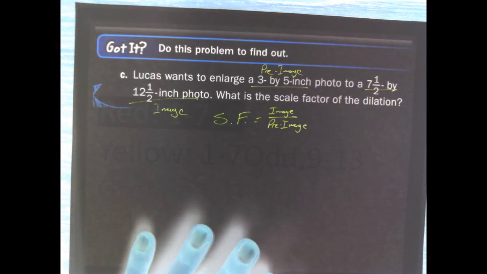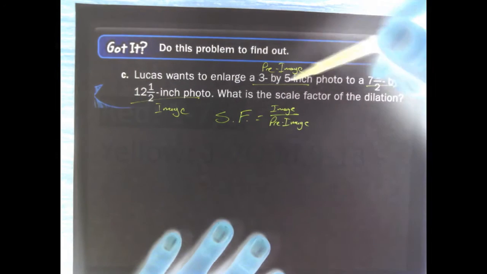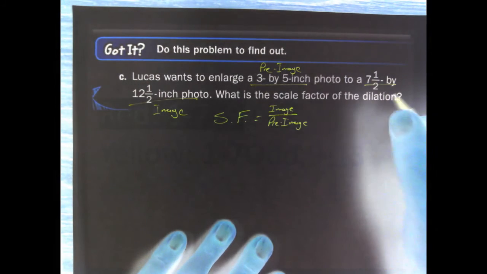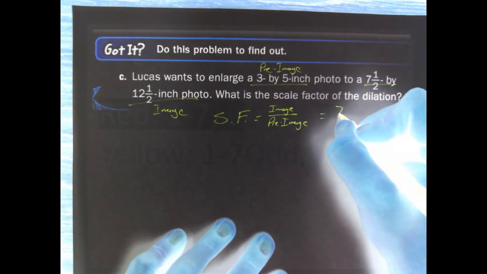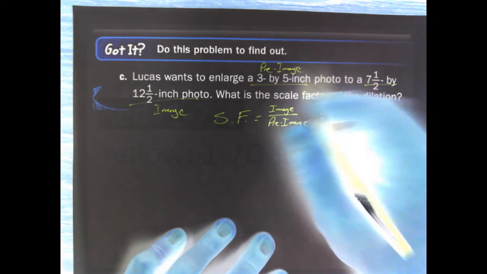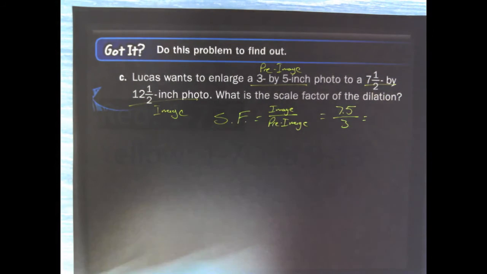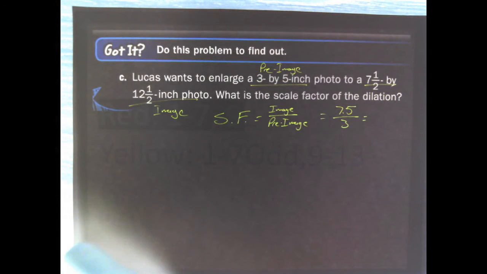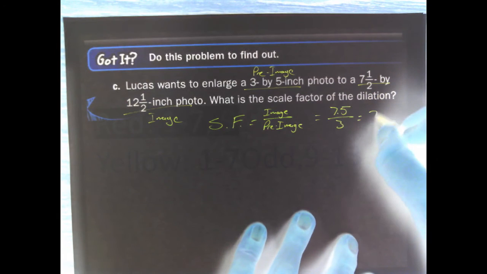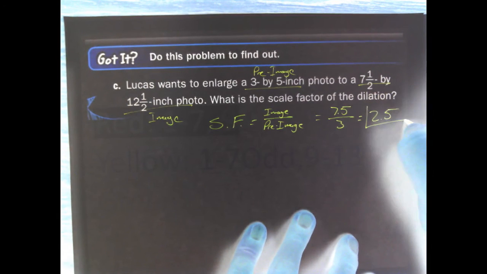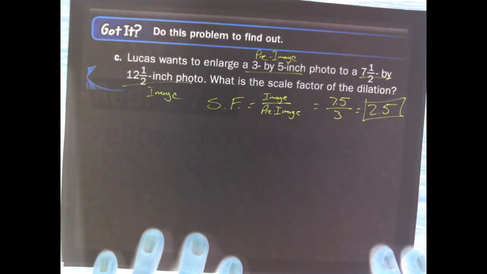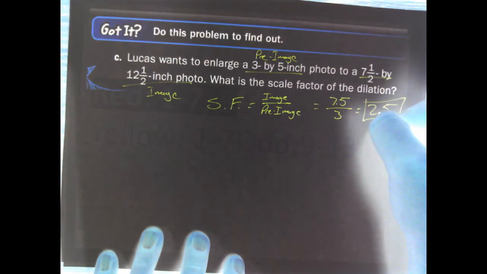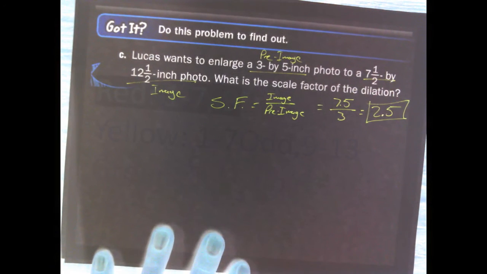Also, you only need to divide one pair of them because it's going to be the same. So if we just take the first one here, image over pre-image, I have 7.5 over 3. 7.5 divided by 3 is 2.5. So that would be 2.5 times bigger. My scale factor is 2.5. Make sure you can see that decimal point there, 2.5.